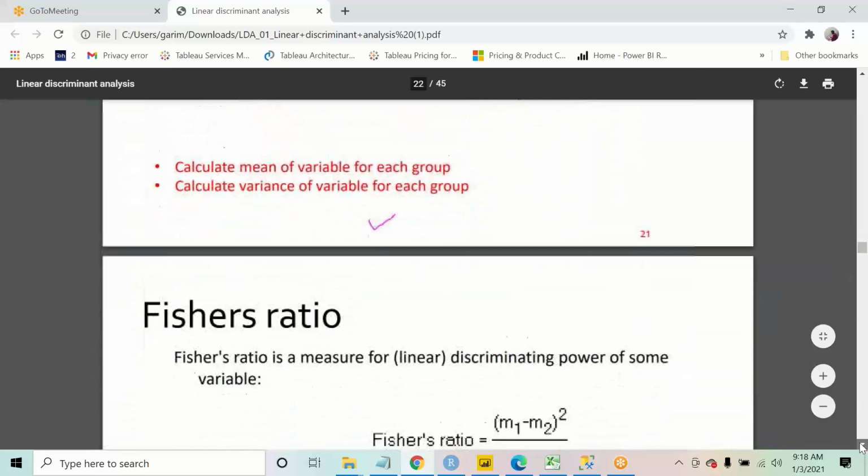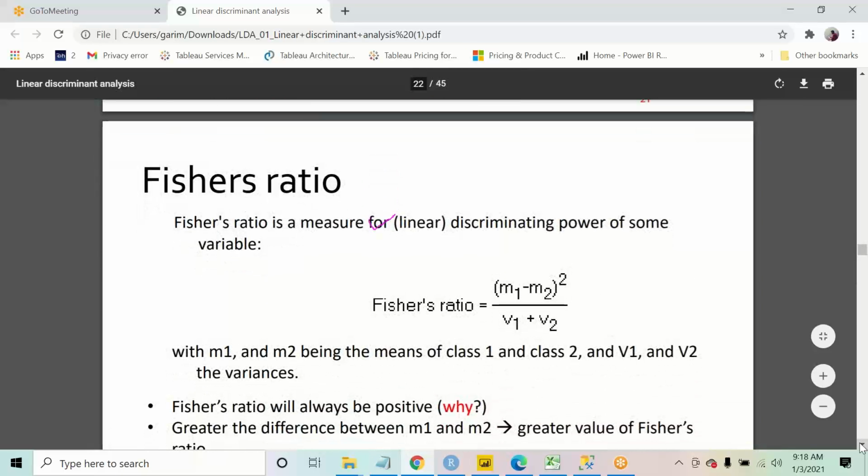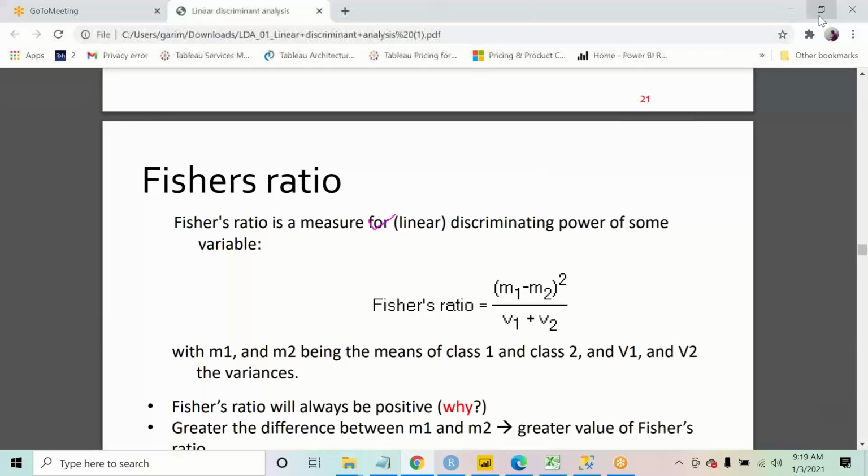Then we have a simple formula to calculate the discriminating power of the variable, that is, how strong or how weak that variable is. This is the Fisher's ratio that we use to calculate the importance of that variable.